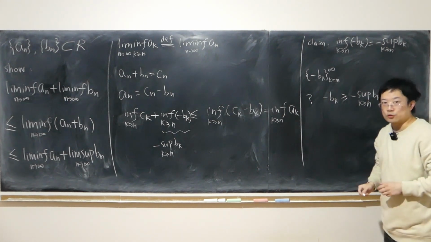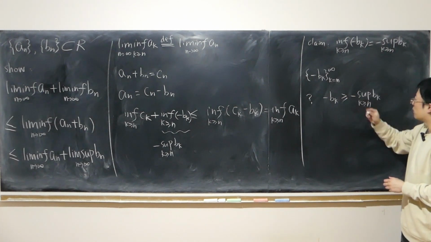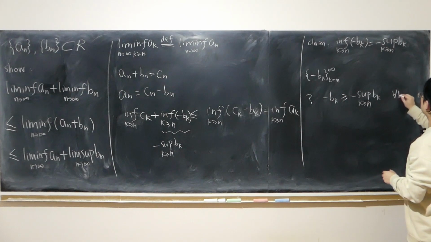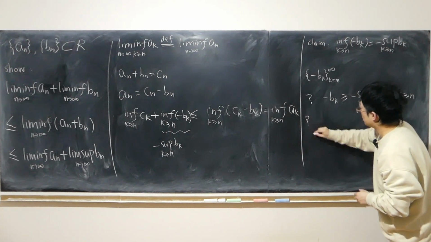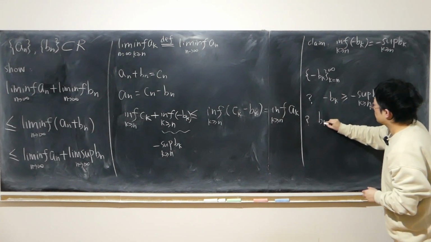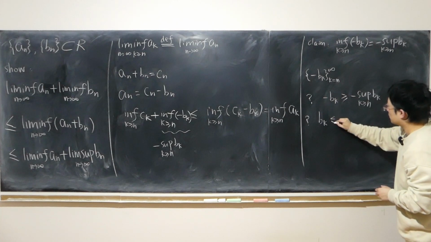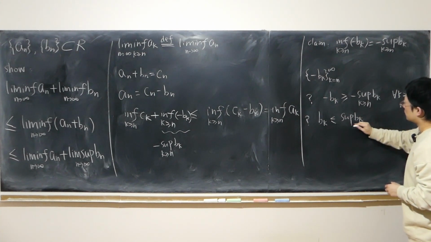Right? First, I'll show this constant is one of its lower bounds. So for any k bigger than or equal to n, in other words, can we show, multiply by -1 on both sides, change the direction, less than or equal to supremum Bk?